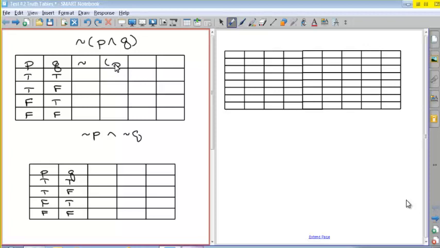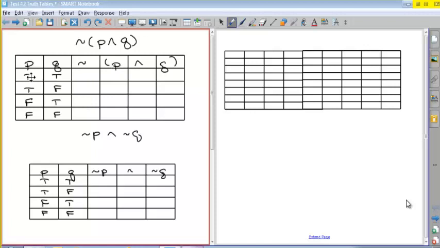Then we have the logic expression that's inside the parentheses. So we need to use all six columns in this case. Down here, the negations are right next to the letters, and so those we do separately. We can include the negation in there, but if you have a negation outside of parentheses, then you have to do what's inside the parentheses first and then do the negation.